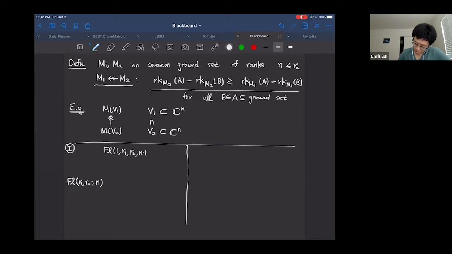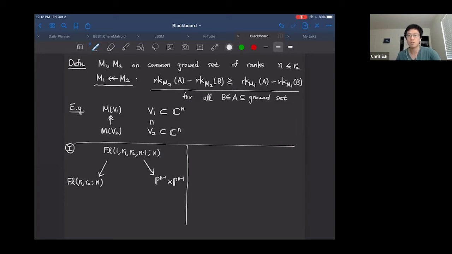I can consider this kind of diagram, basically exactly the same as before, but with the Grassmannian replaced with the partial flag variety.